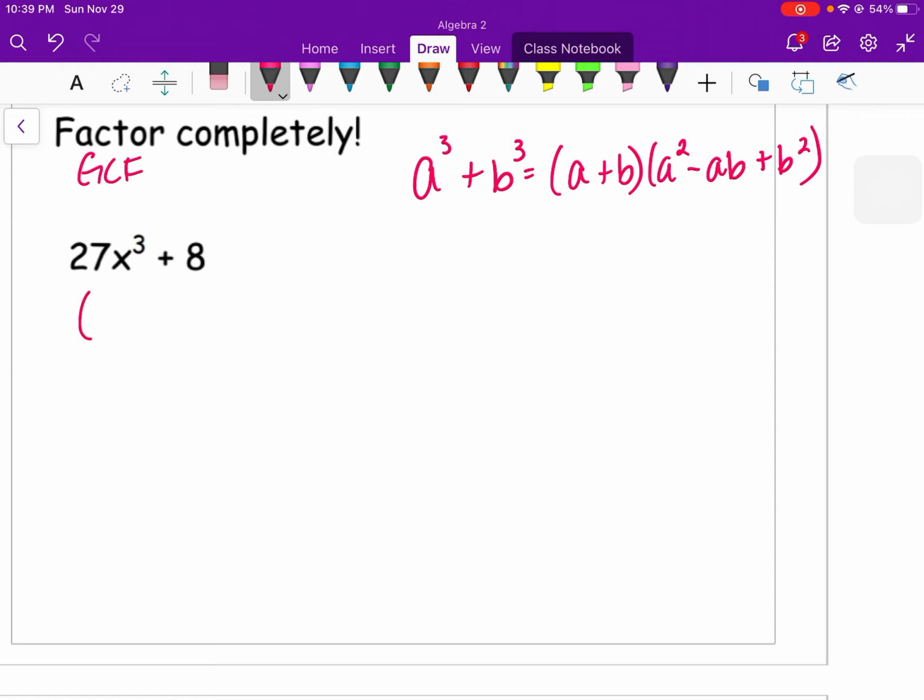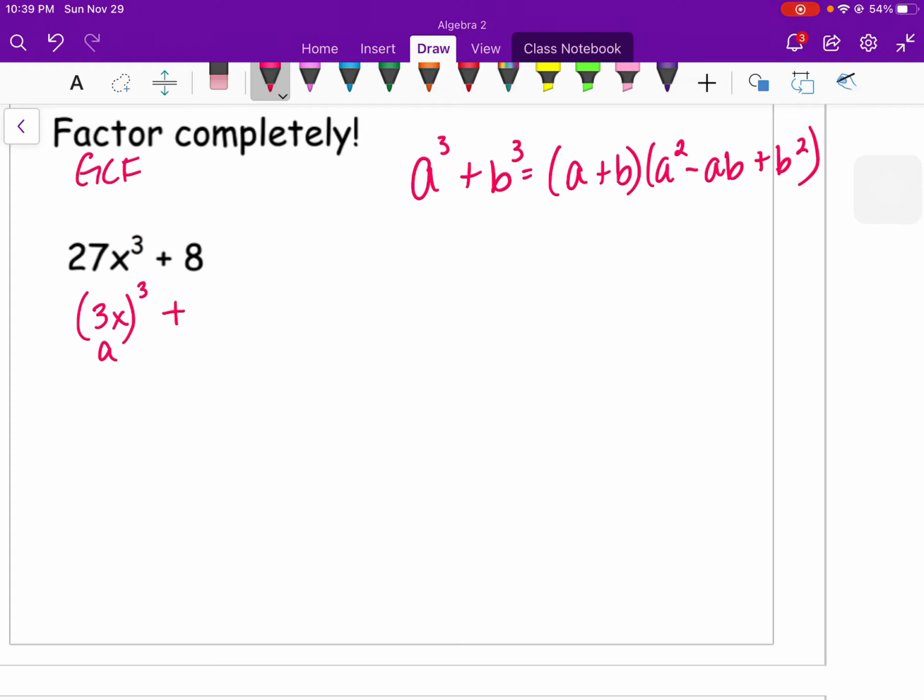27x cubed, the cube root of 27 is 3, so 3x is going to be our a, because 3x cubed is 27. And then 8, the cube root of 8 is 2, so 2 cubed gives me 8, so b will be 2.